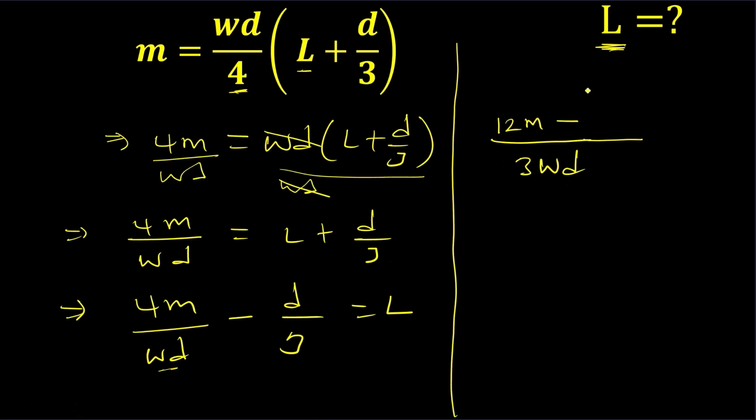So WD times D will be WD squared equals L. Alright, so we have L to be 12m minus WD squared over 3WD. Whichever way you need to solve, you get the same thing.